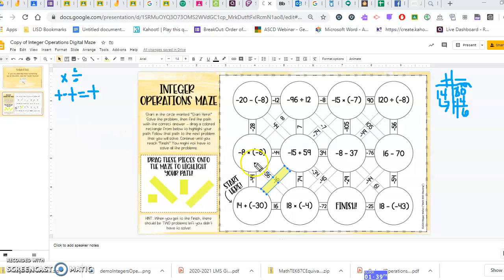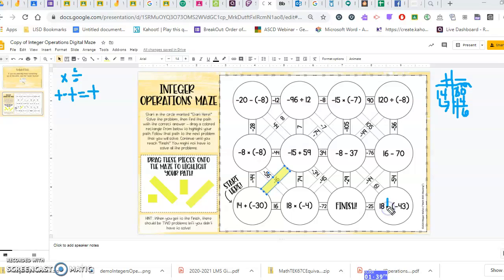Remember also, if you have a problem like this, and I think you do get to this one. So when you have 18 minus negative 43, minus a negative, remember we keep, so if it's a subtraction sign in the middle, you keep change.